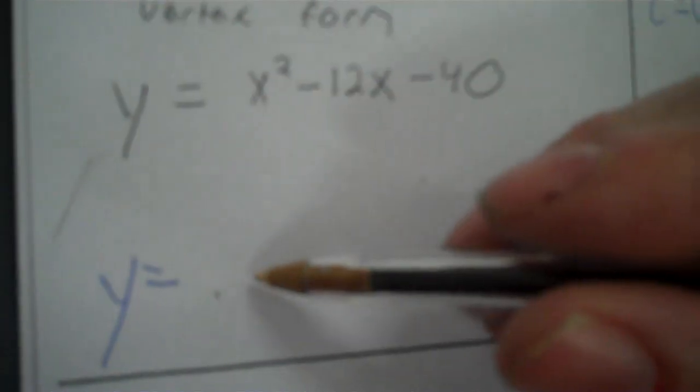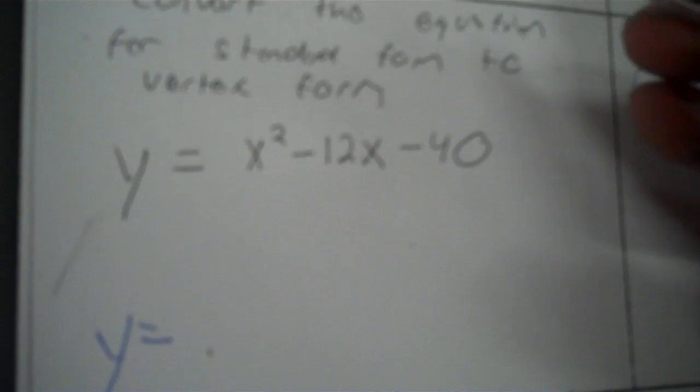Now, before you go down to your first parentheses, here's what you need to do. You need to make a parentheses around the x second and the x. Block that off from the minus 40, okay? Now you make a new parentheses and the minus 40 is kicked out of the group.